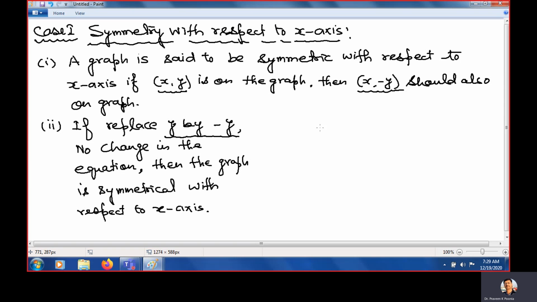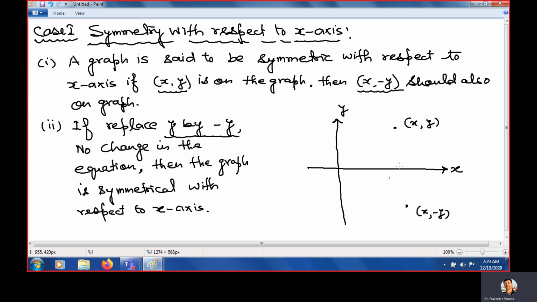Same thing. Clear? If we want to see one example, if this is the x-axis and this is the y-axis, so where is (x, y)? (x, y) is here, because we are talking about positive. And where is (x, -y)?